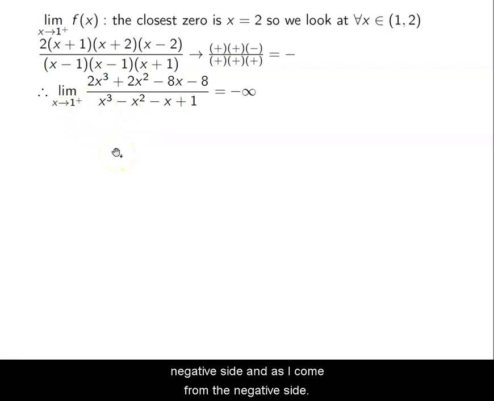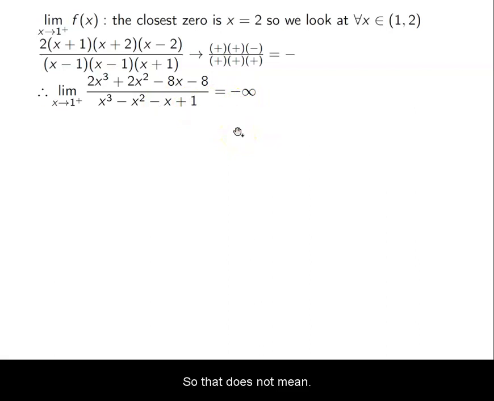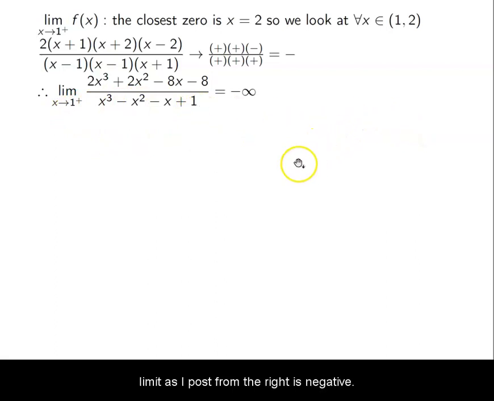So as I come from the negative side, my limit goes to negative infinity. This does not mean that my limit as x goes to 1 is negative infinity. The limit as I approach from the left is negative infinity. The limit as I approach from the right is negative infinity.